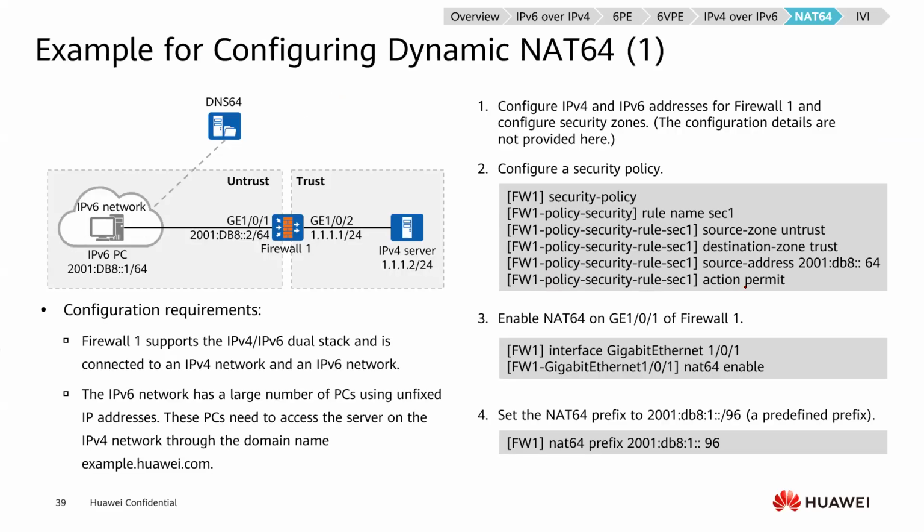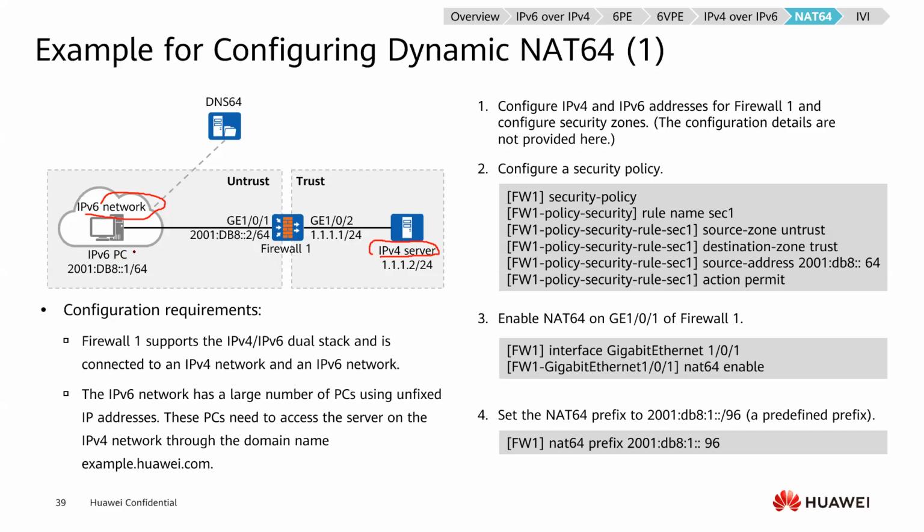Okay, there's an example for the dynamic NAT64. This is the scenario: for the internet there is an IPv6 user, and on the other side you just provide an IPv4 server.